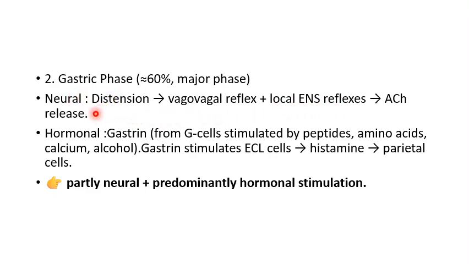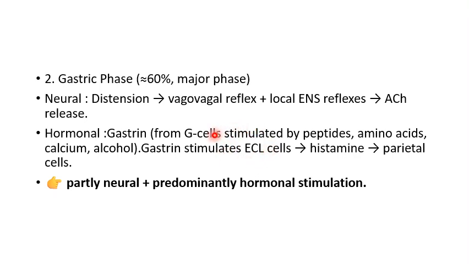So in the gastric phase, the neural part is contributing. The next part is the hormonal. So here the hormone gastrin is released on the distension. Not only does distension stimulate the gastrin from the G cells, it is also stimulated by peptides, amino acids, and digested products of proteins.